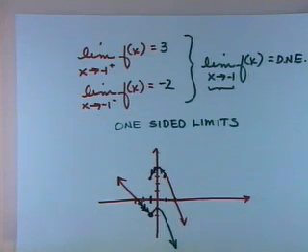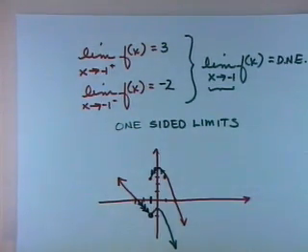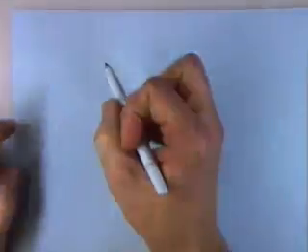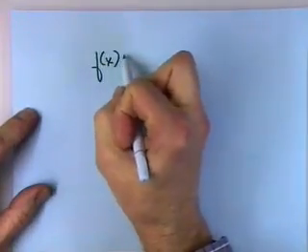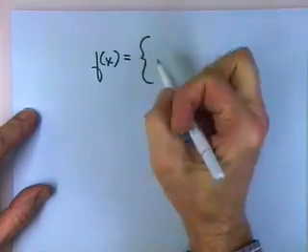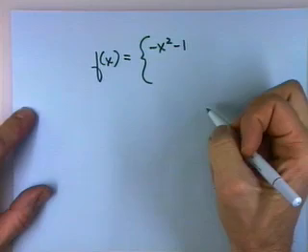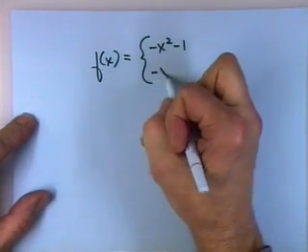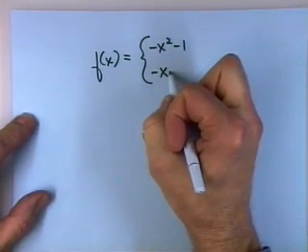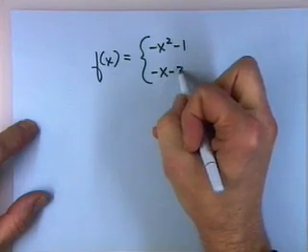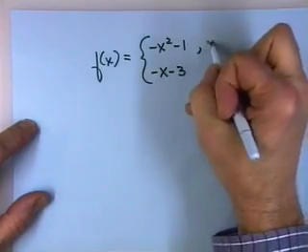So if this were our function, negative x squared minus 1. What was this? Negative x minus 3? Is that right? Yeah.